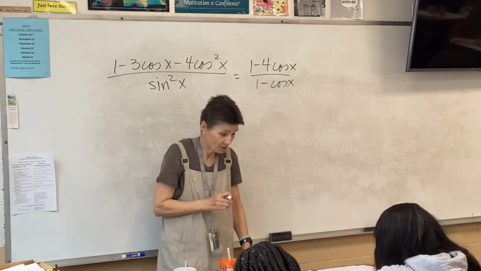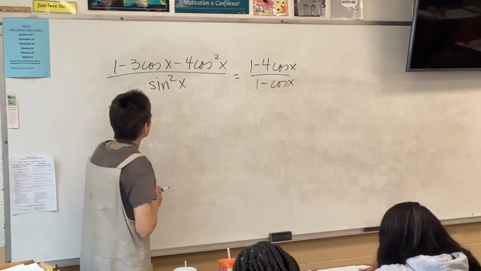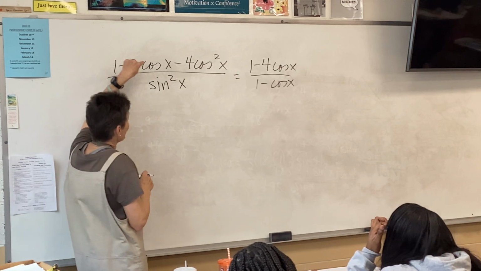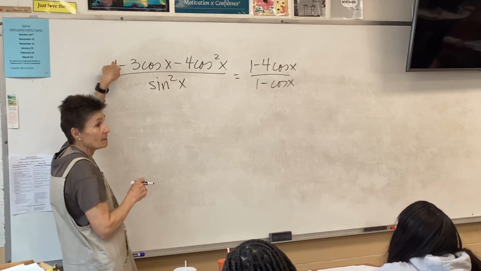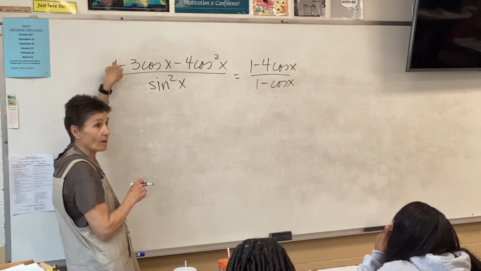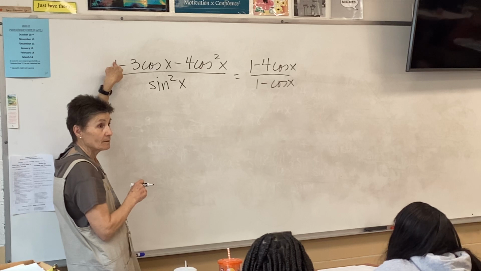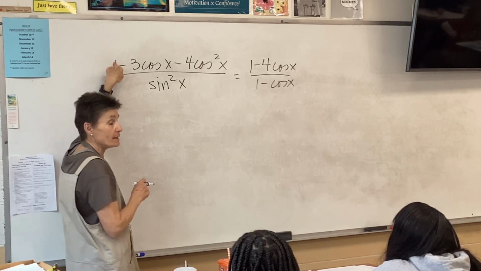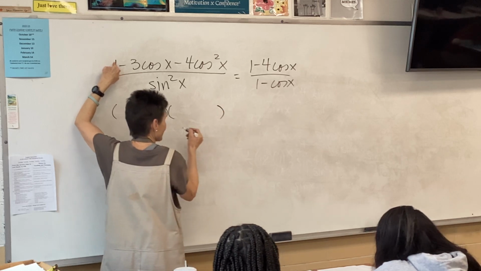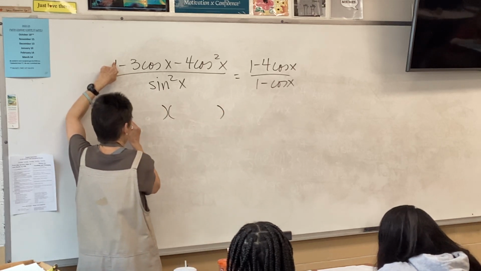What do you want to do with this? We factor out the top left? So the top of this, I want everybody to look at it. The top of that is a quadratic. It factors just like quadratics have factored since Algebra 1.